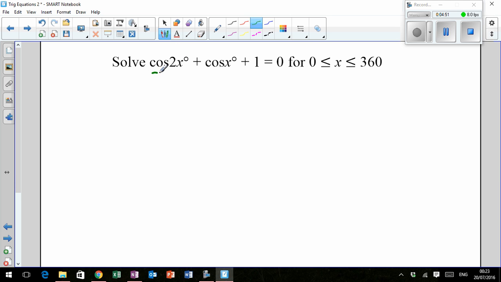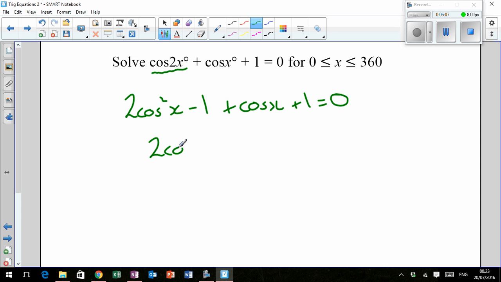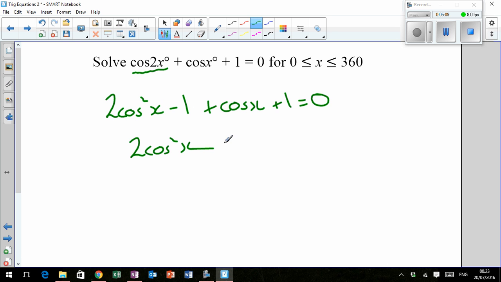So this is going to be replaced by 2 cos squared x minus 1, plus cos x, plus 1 is equal to 0. Okay, then that minus 1 plus 1 cancels, so 2 cos squared x, oops, apologies, plus cos x is equal to 0.